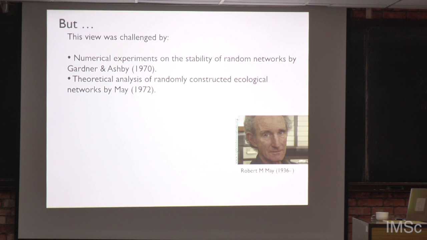So their numerical experiments on the stability of randomly constructed networks seem to suggest that the more complex a system is, that is, the more number of nodes there are, the more connections there are, the more likely that it was to collapse, followed in 1972 by a very rigorous analysis done by Robert May, whom I mentioned in the previous class, where he showed using mathematical arguments why this would in fact always be the case.